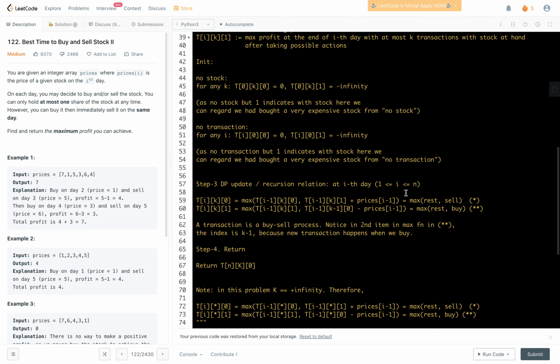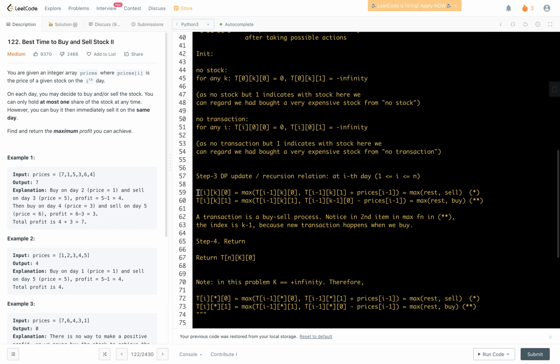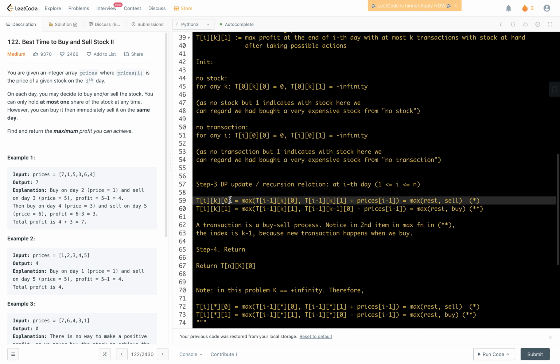So the general DP update rule or recursion relation is given by the two equations here, star and double star. Notice again, here I is in between 1 and n, with equality at both ends, because we are using one indexing.